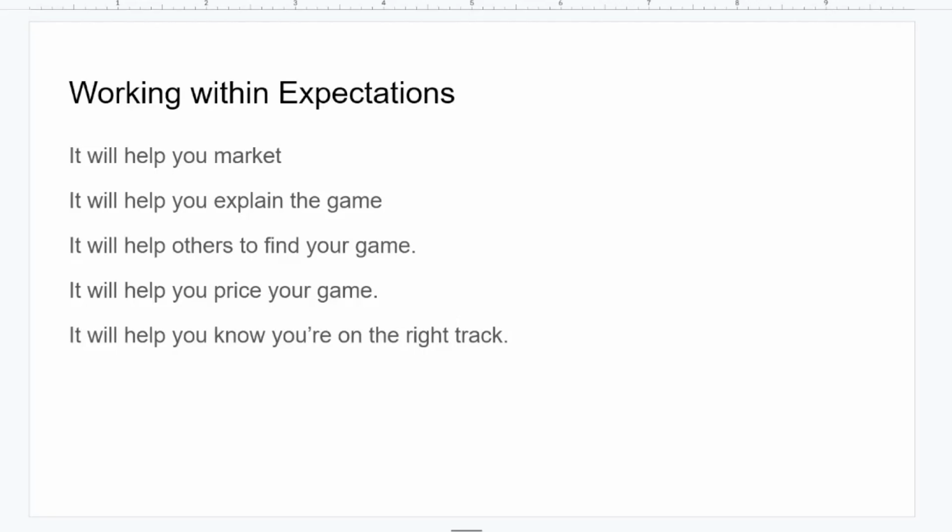If you price yourself too low, you won't be able to make enough money to feed yourself. If you price your game too high, no one will buy your game. The game market is very saturated. It's a very competitive market. There's tons of new games coming out all the time. And so knowing what your genre is will help you figure out the price barriers for that game within that genre. And in general, it'll just help you know that you're on the right track, right?